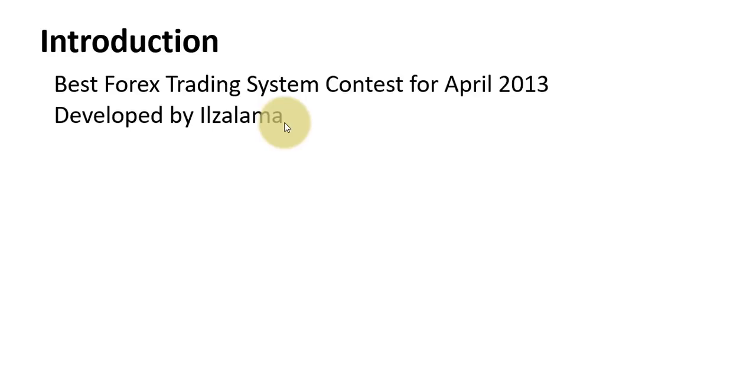The trader's name is El Zalama. Okay? The strategy we are talking about today is the winning strategy for that competition. So let's give credit to the person that created this strategy. This strategy is already a winning strategy, but you have to look at it yourself, evaluate it, and see if it will work for you.